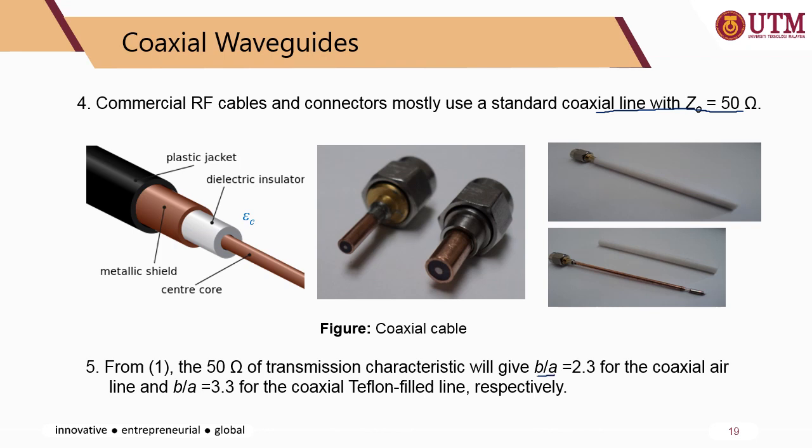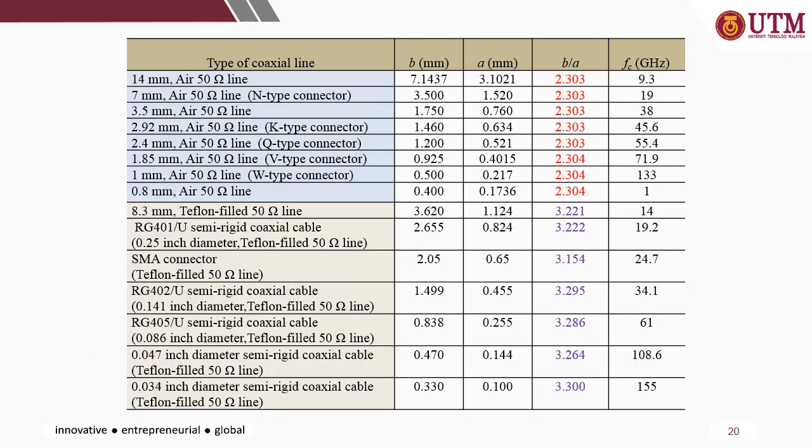For example, here is B over A, and if you use air or Teflon as the dielectric, it will give a different ratio of impedance. This table summarizes some of the commercially available coaxial lines, or coaxial cables, or coaxial waveguides, which have a specific dimension B and A, the ratio, and also the cutoff frequency of each structure.